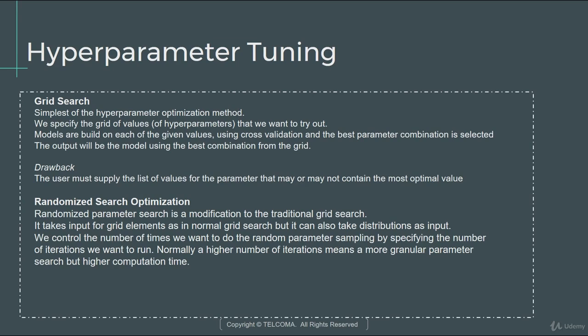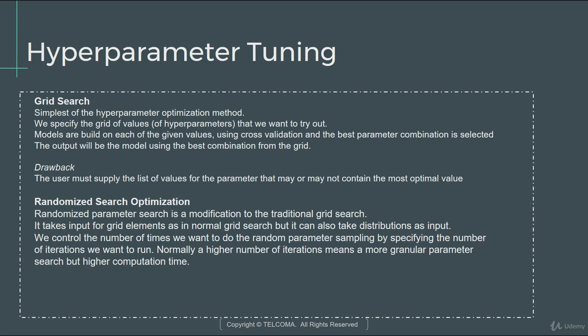What happens in grid search is, in a nutshell, the same practice. You define the hyperparameter, and for that particular hyperparameter, you define a grid of values. Let's say for the parameter C, you define values as 0.1, 0.5, 1, 15, 100, and so on.